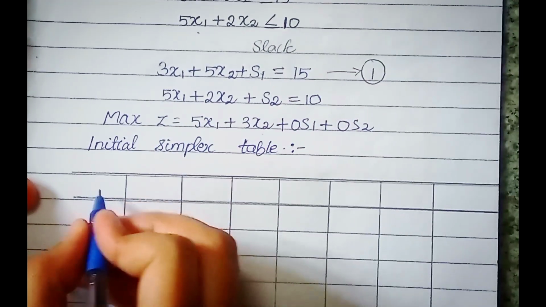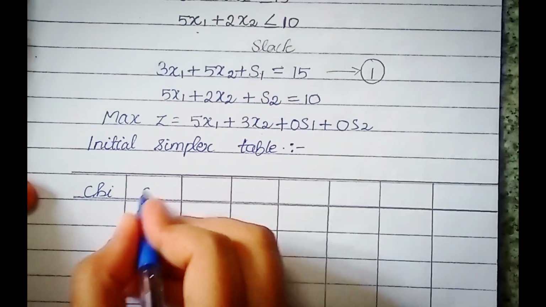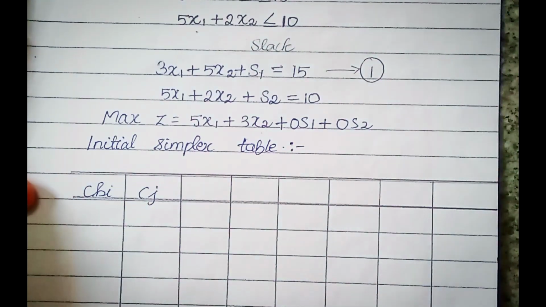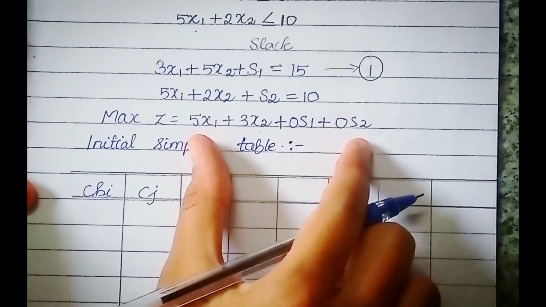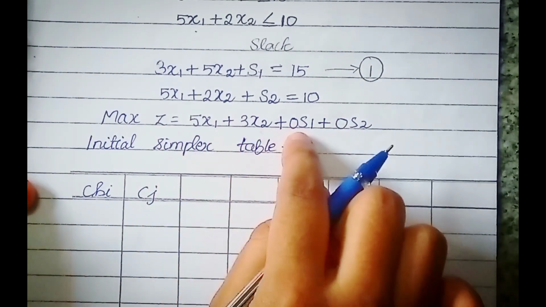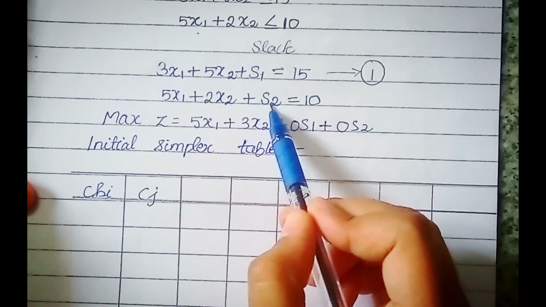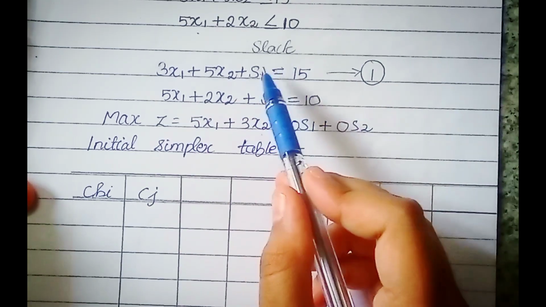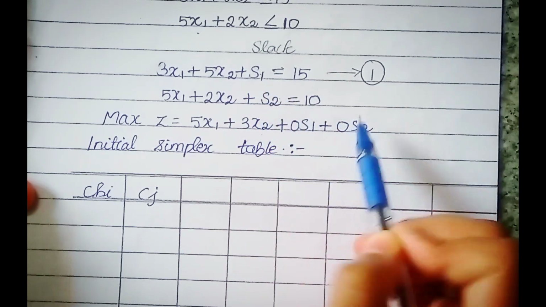The format is, it starts with CBI, CJ, then the numbers which are there in the maximize z equation, that is 5, 3, 0, 0. How did the 0 come? As we added s1 and s2 in these two equations, we consider the coefficient for these variables as 0 and 0.